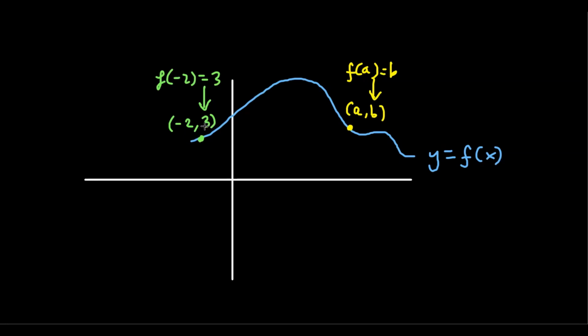And all this is saying really is that if a point lies on a graph, then its coordinates satisfy the equation of the graph. So you can see that we've simply taken the x coordinate and plugged it into the x value in the equation. So we've just put x equals -2.